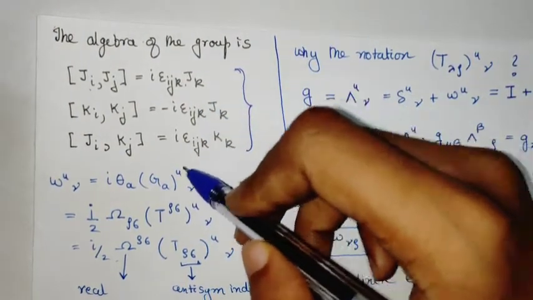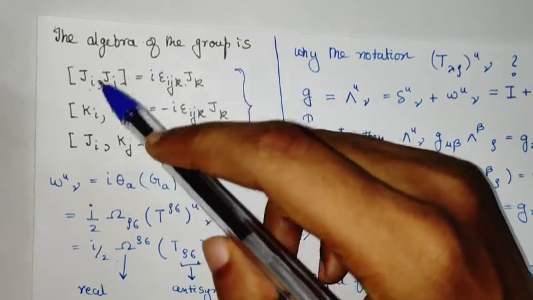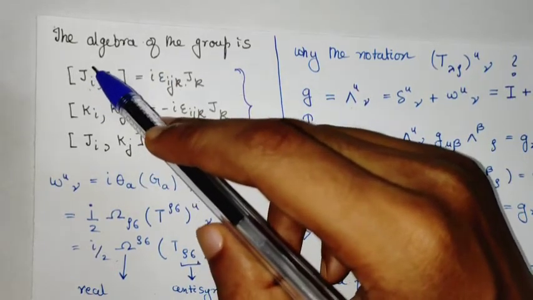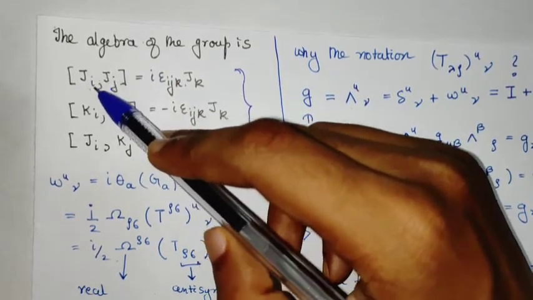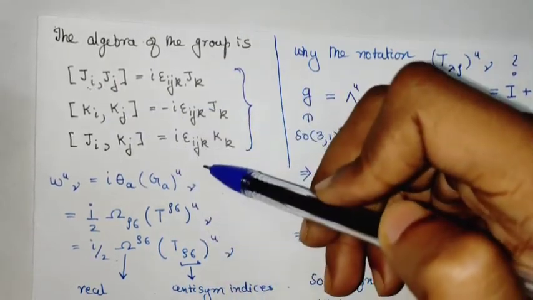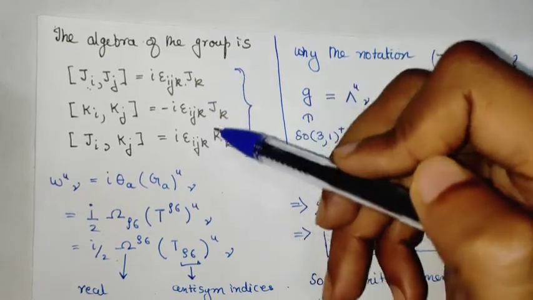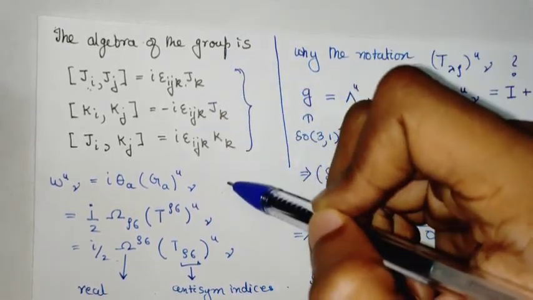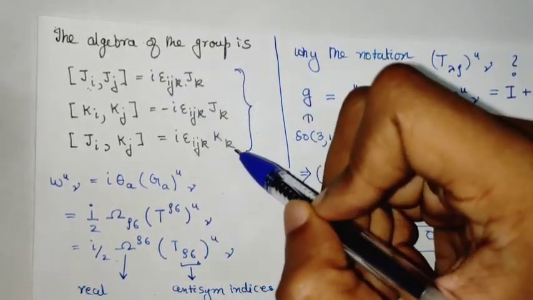One thing that is important to see is that the rotation generators, that is these J's, themselves form a subgroup of this SO(3,1)+, the proper orthochronous Lorentz group.